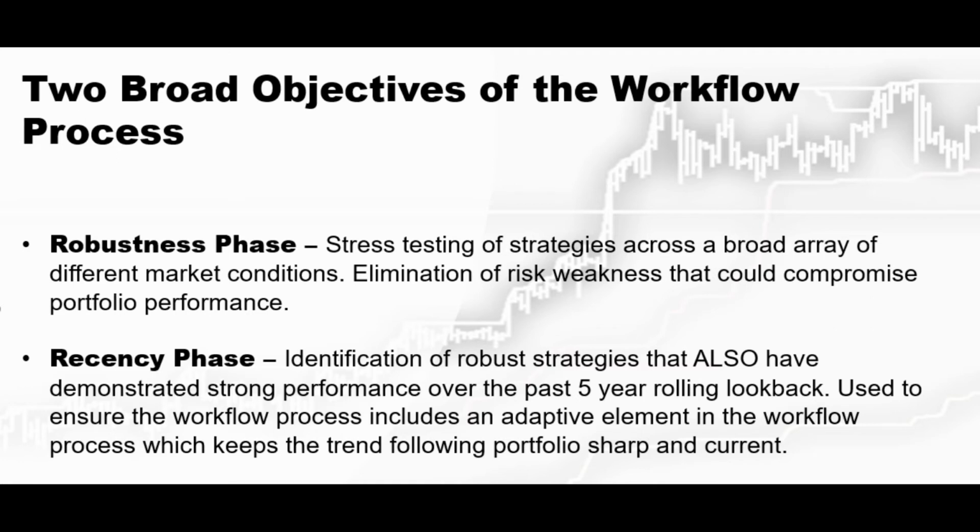So following the robustness phase, we therefore are confident that the solutions that remain in our list have been able to confidently navigate a vast array of different market conditions that we have exposed each strategy to without detrimentally exposing our ultimate portfolio to undue risk.